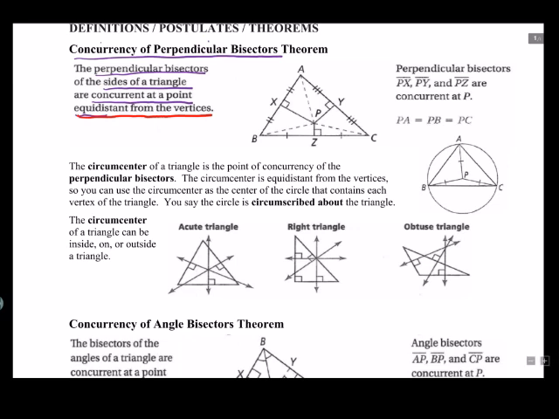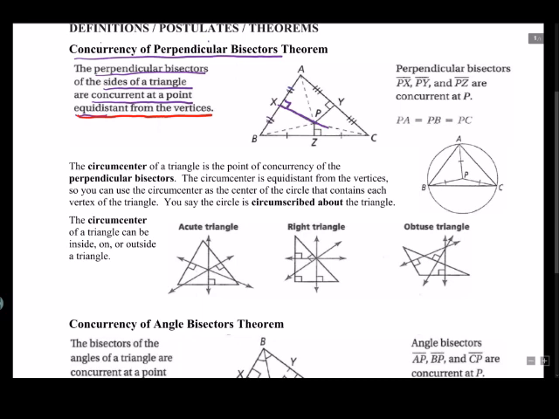So let's look at this. We create the perpendicular bisectors of the sides of our triangle. So let's start with this side here. This is the perpendicular bisector. It's perpendicular and it bisects.